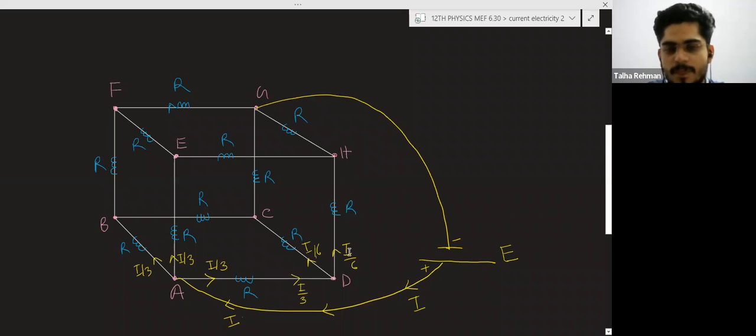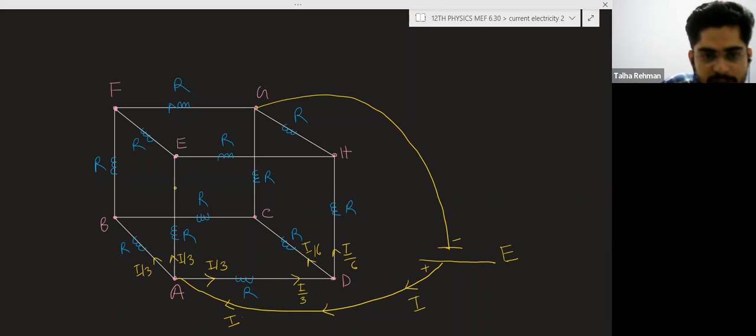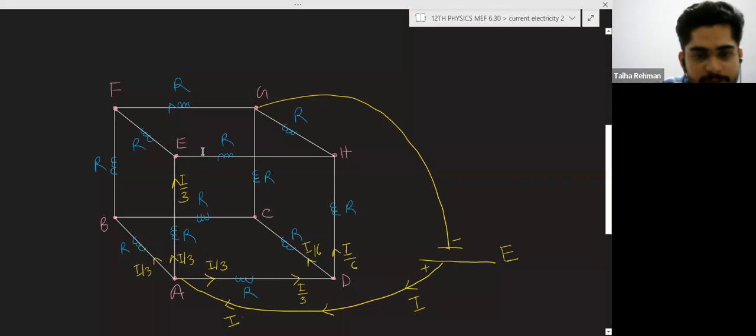Now come to point A and move to here. This is the junction point E, and here the current is I by 3. From this point E there are two branches, so this I by 3 will be divided into two branches.